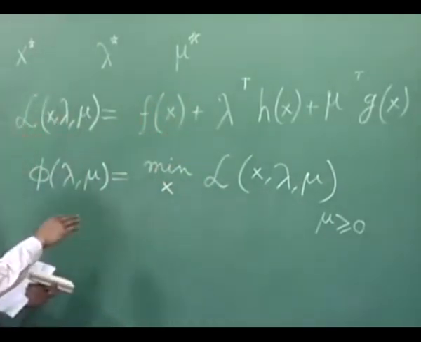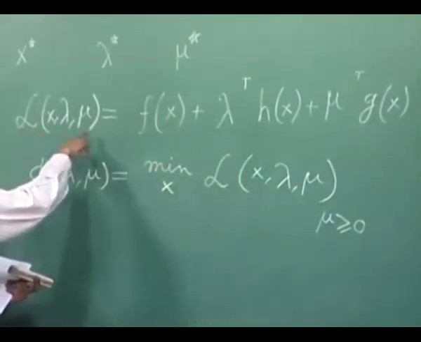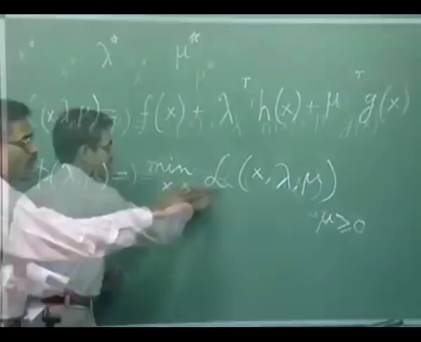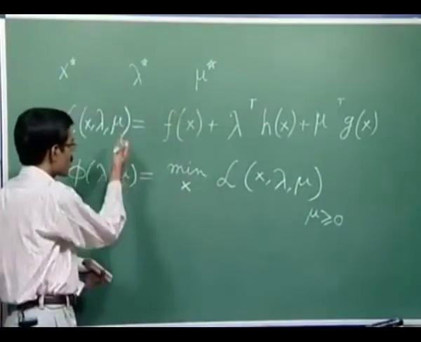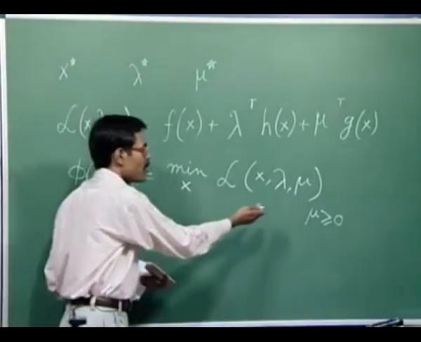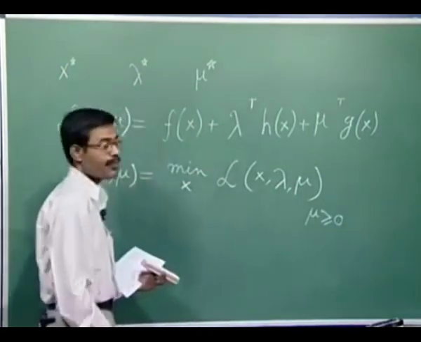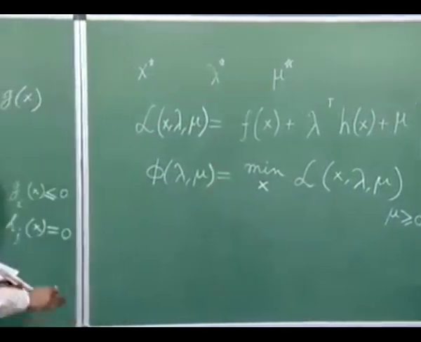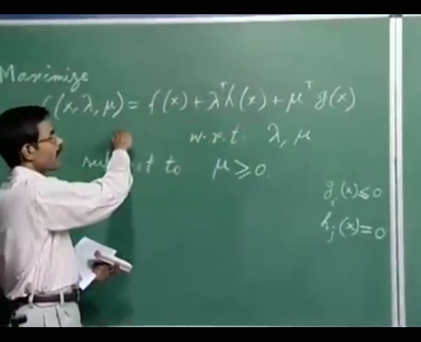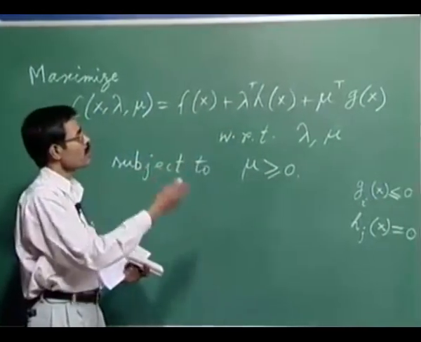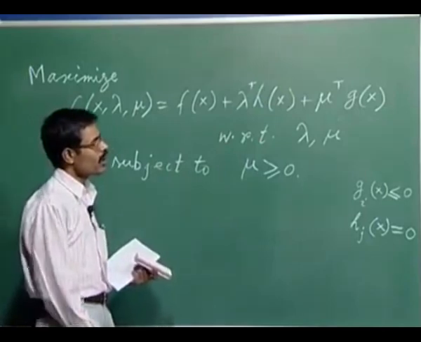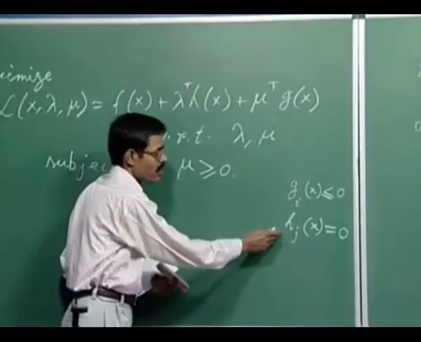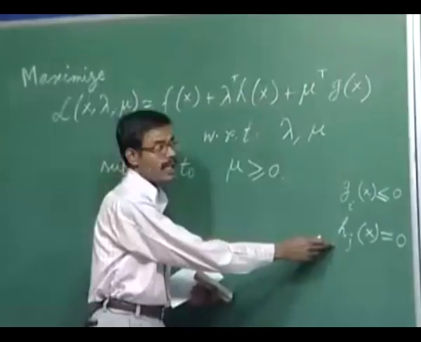So, while minimizing this with respect to x, we got this function, the reduced function of lambda mu only, and mu greater than or equal to 0. The gradient of this with respect to x vanishes. Now, when we took the same function and tried to maximize it with respect to lambda mu, then we got the conditions like this, which are the feasibility requirement for this.